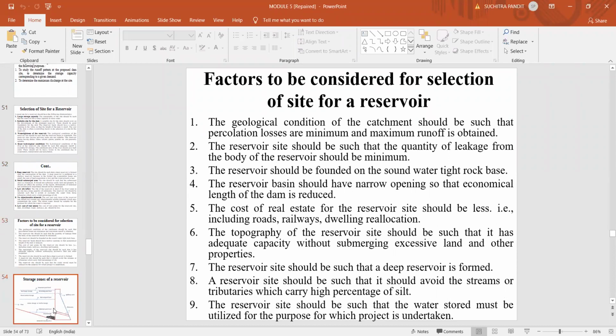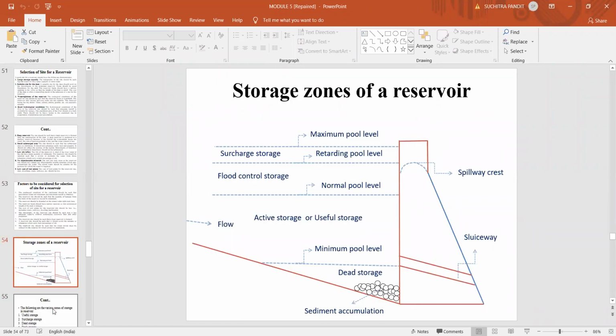We have also discussed the various storage zones of a reservoir and some of the basic definitions like the yield from a reservoir, that is the safe yield, average yield, firm yield, and secondary yield.